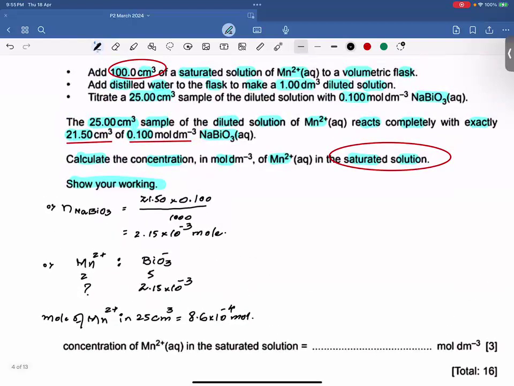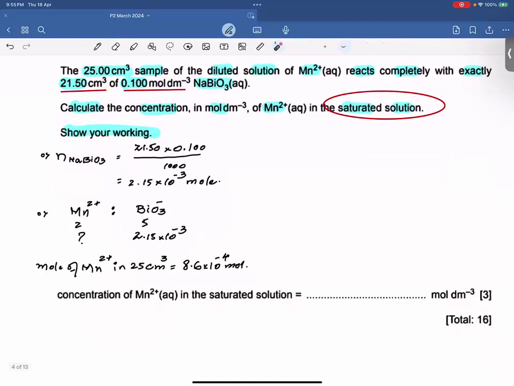Now look, that was a 1000 cm³ solution, and from that I took a 25 cm³ sample, right? That means the 25 cm³ sample contains 8.6 × 10^-4 moles.